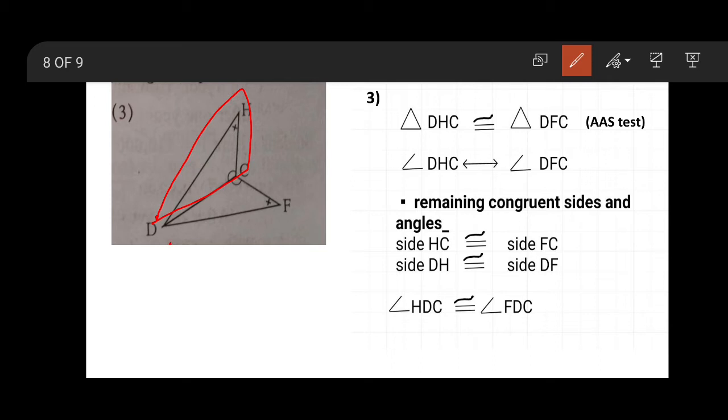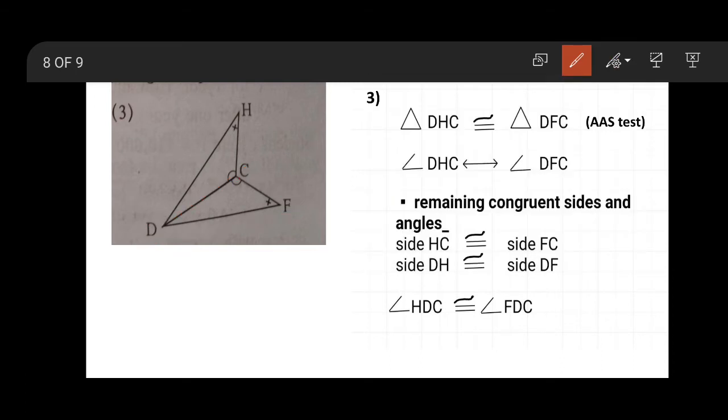First we started with D, then we went for the single cross mark. In the same way we'll start with D, we will go for the single cross mark, means F, and then C. So the one-to-one correspondence will be DFC.